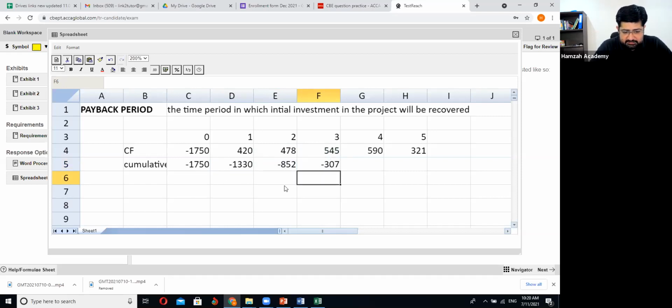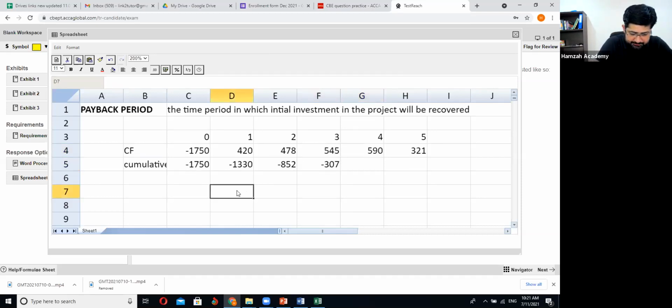Now you see here. We need 307. How much there are? 590. It means that only a part of year 4 will be needed to recover this amount. I repeat my words. Only a part of year 4 will be needed to recover this remaining amount.